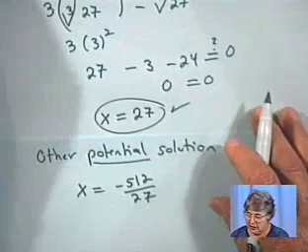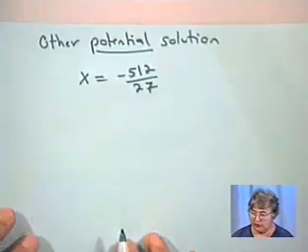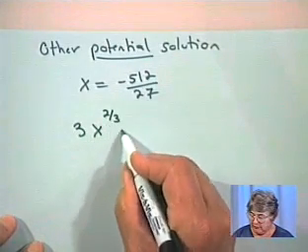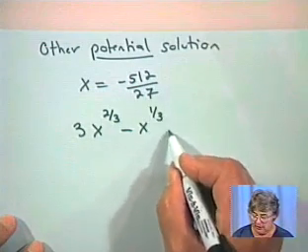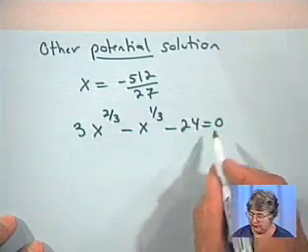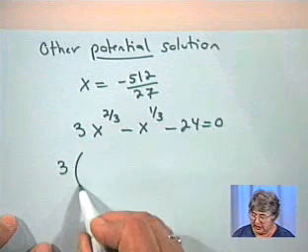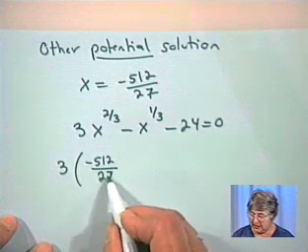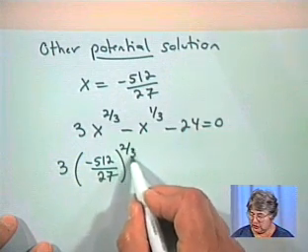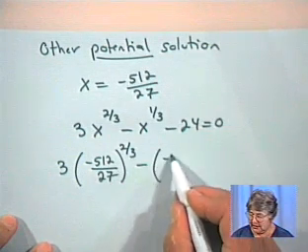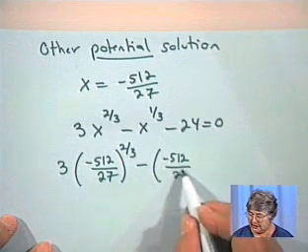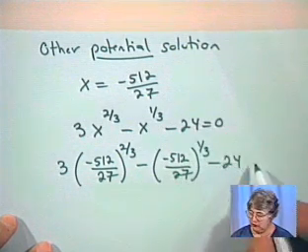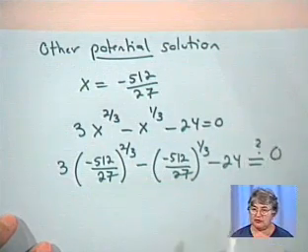So let's once again look at the equation we were working with, which is 3 times x to the 2/3 power, minus x to the 1/3, minus 24 equals 0. So we'll substitute in the negative 512 divided by 27, take that to the 2/3 power, minus negative 512 over 27 to the 1/3 power, then subtract 24 and see if this is equal to 0.